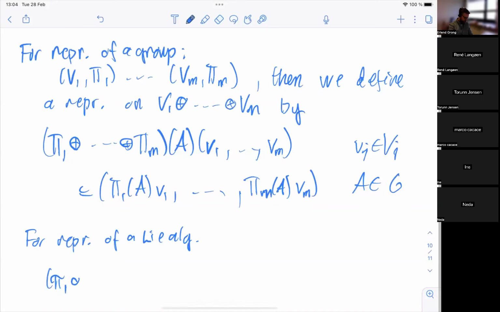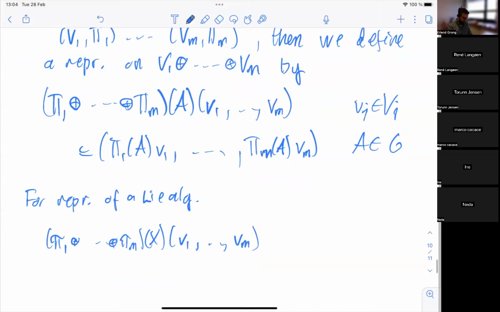We have pi 1, well, it is exactly the same, to X applied to v1 to vm, and that's equal to pi 1 of X v1 up to pi m of X vm.